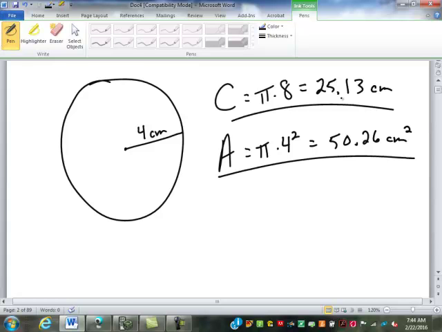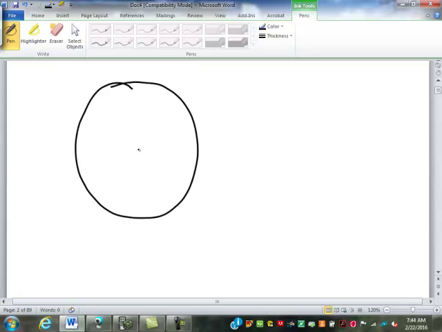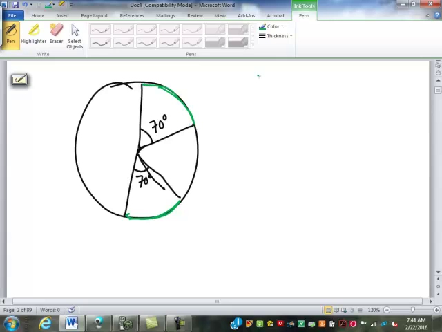But also, as we keep going, let's say this is a 70-degree angle. And let's say I have another angle here that's 70 degrees. What can I say about that arc and this arc? They're the same length.